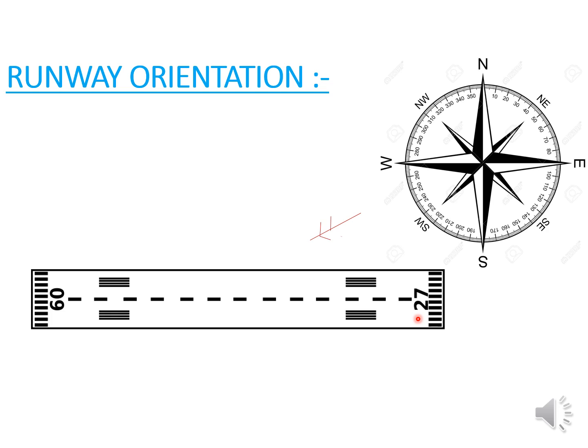Now we'll discuss, for example, the wind coming from this side. For example, the wind is coming from northeast and the aircraft needs to take off from runway 09. The headwind component is a very important factor for the takeoff of the aircraft.